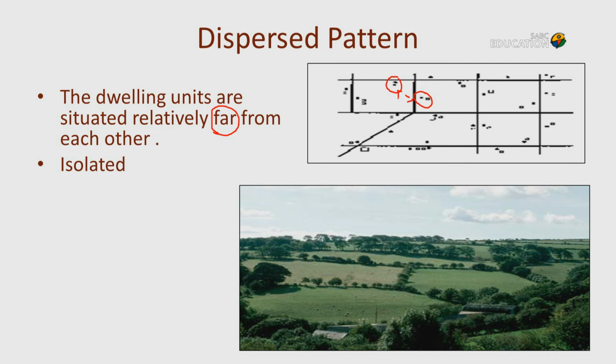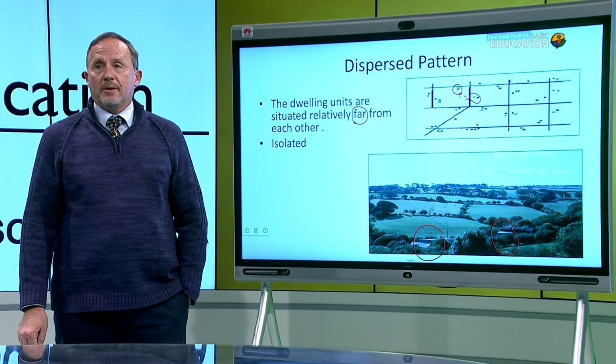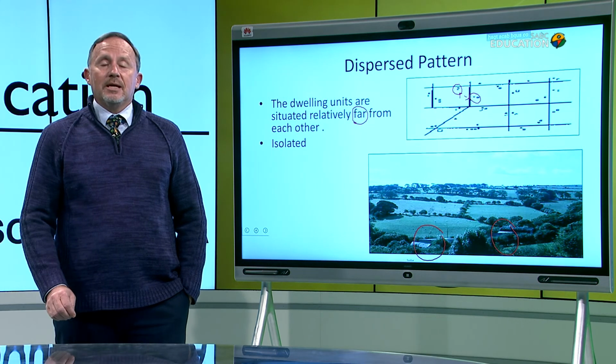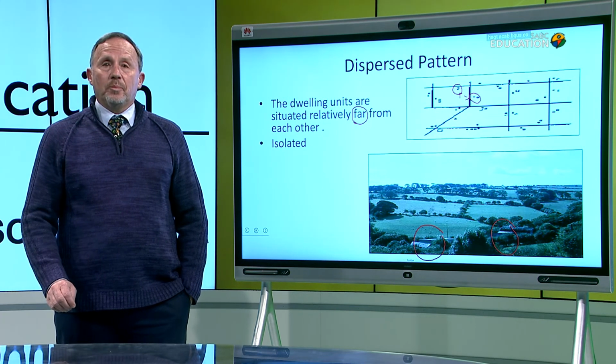In our picture here at the bottom of the screen, this is a picture of a typical European countryside. And the important thing here is a settlement, there is another, and they are far from each other. So in terms of a dispersed settlement, the distance is the important part.